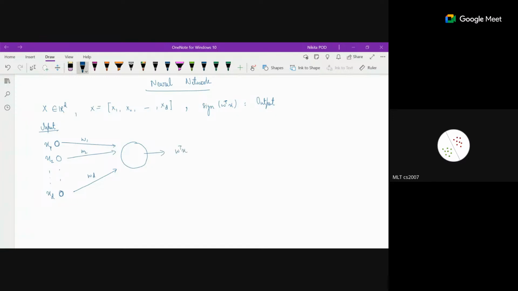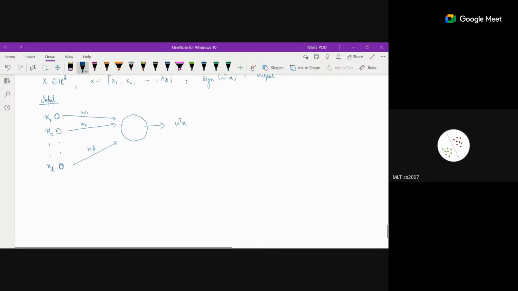Just the linear combination of your weights and data point. So this is our output, which is W transpose X. Our goal was to learn such a W that best explains your Y. Now we are going to extend this idea.